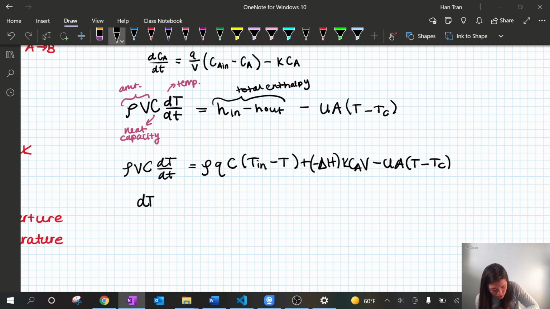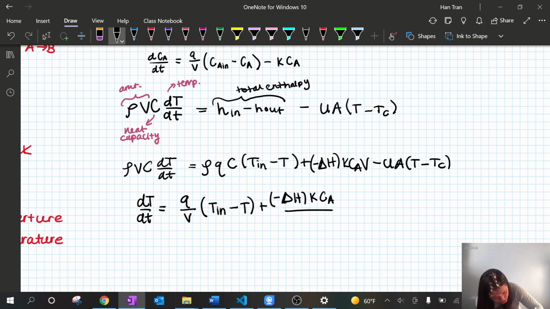So that's going to leave us with the change in temperature over change in time is equal to the flow rate divided by the volume multiplied by the difference of the temperature going in minus the temperature in the tank, plus the enthalpy of the reaction multiplied by the rate of the reaction multiplied by the concentration of A in the tank divided by the density multiplied by the heat capacity, minus the heat transfer constant multiplied by the difference of the temperature in the tank minus the temperature of the coolant divided by the density multiplied by the volume multiplied by the heat capacity.